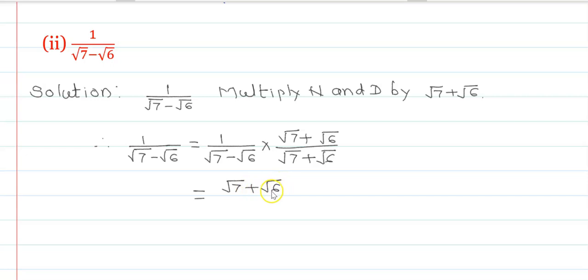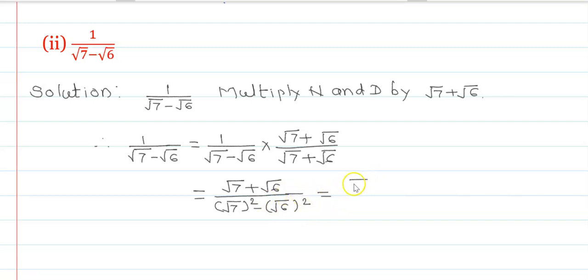Okay. And what about here? A minus b into a plus b. Then here you will get root 7 bracket square minus root 6 bracket square.